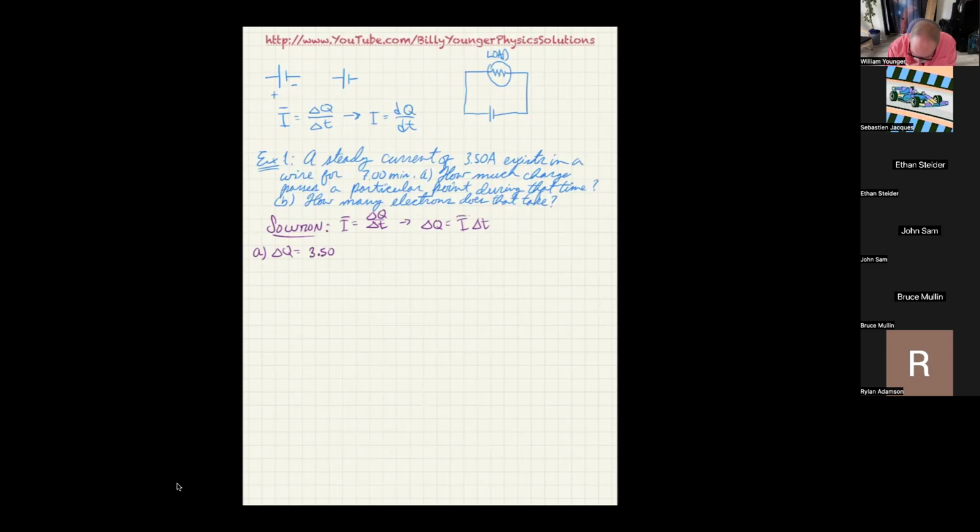Now, what I need you to understand is since I is equal to dQ/dt by units, that means I is equal to delta Q over delta T.